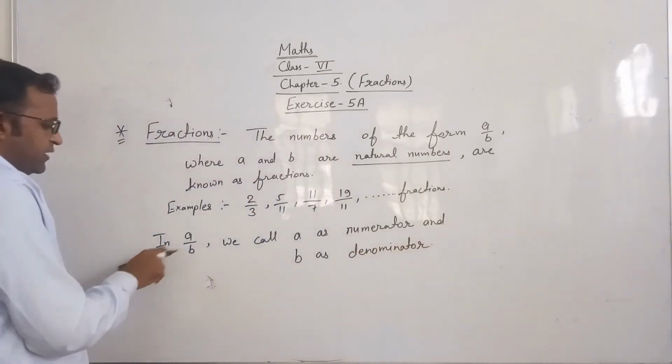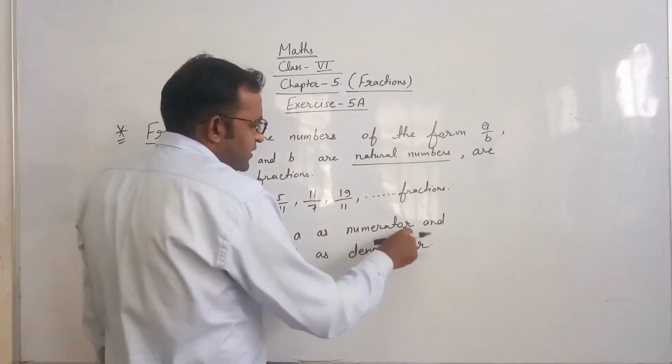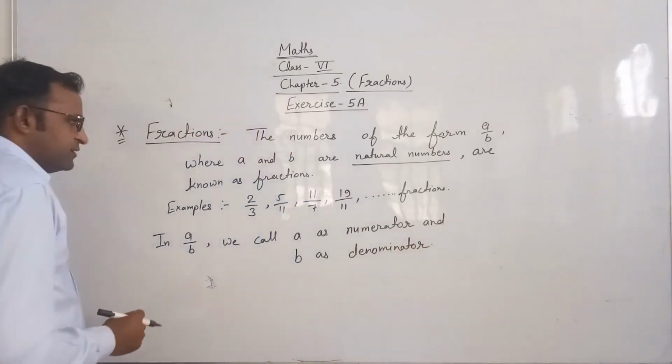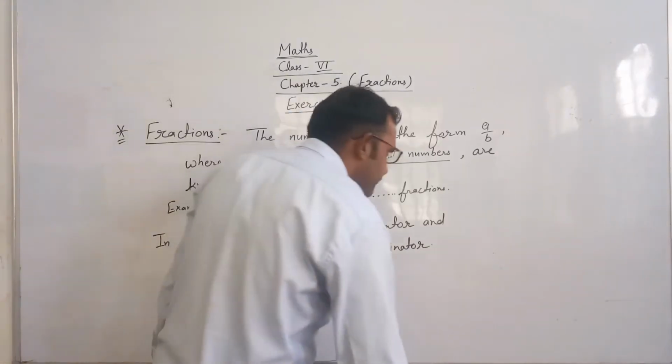Okay, so a is numerator and b is denominator. Okay, next, various types of fractions.